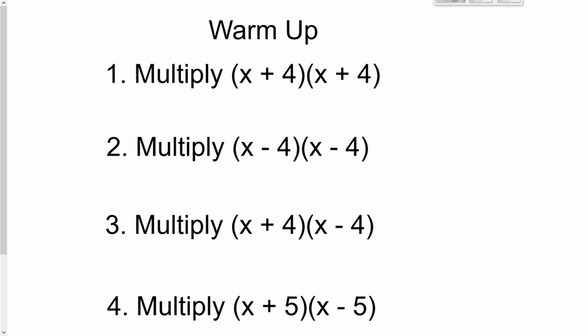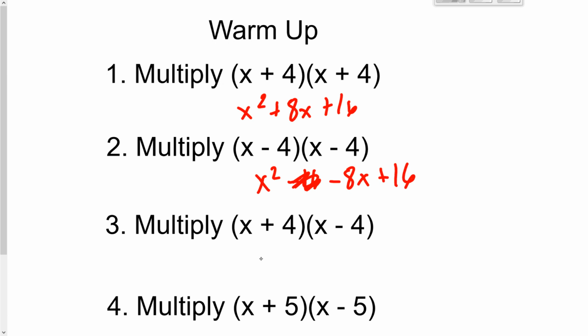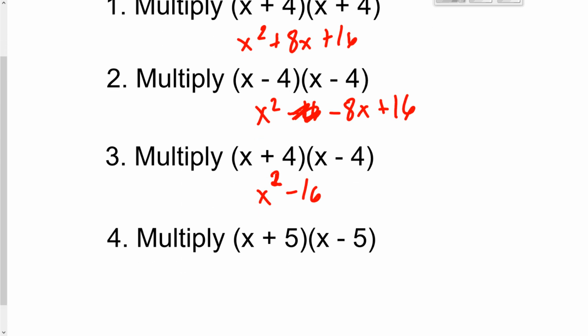So the answers to these: x squared plus 8x plus 16, x squared minus 8x plus 16, and then x squared minus 16, and this one is x squared minus 25. These are special cases, that's why I had you do these.